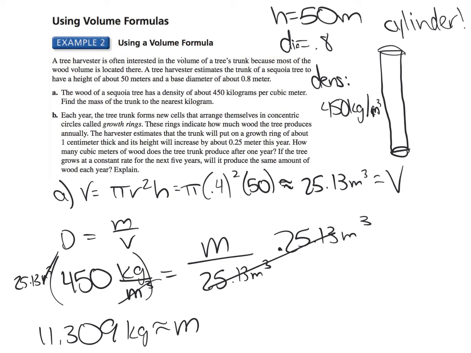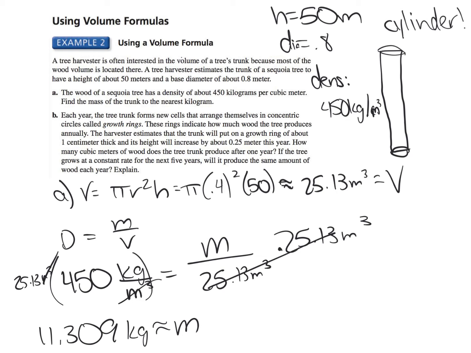So next up, it says each year the tree trunk forms new cells that arrange themselves in circles called growth rings. These rings indicate how much wood the tree produces annually. The harvester estimates that the trunk will put on a growth ring about 1 centimeter thick, and its height will increase about 0.25 meters each year.